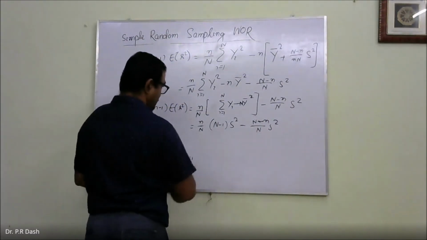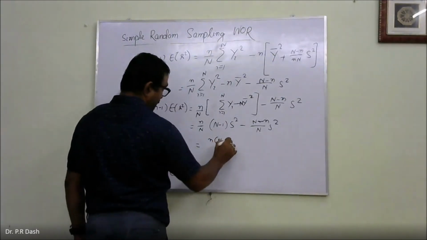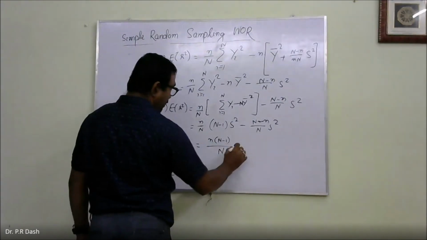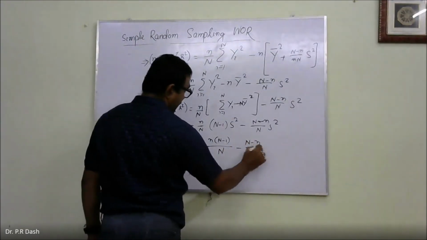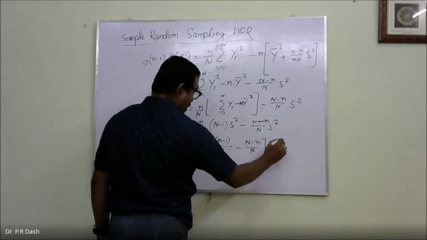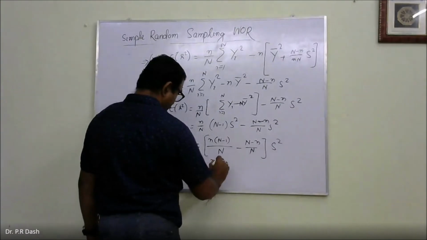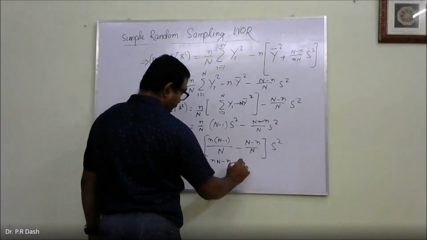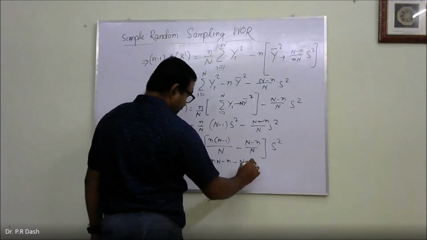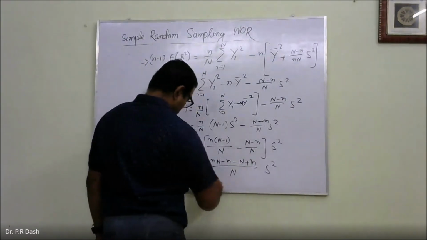So this equal to n into n minus 1 by n minus n minus n by n s square. So this is equal to n minus n plus n divided by n s square.